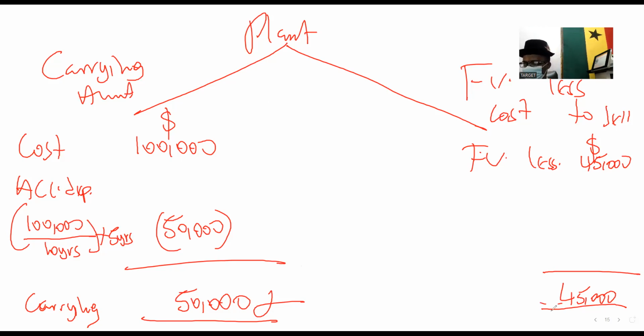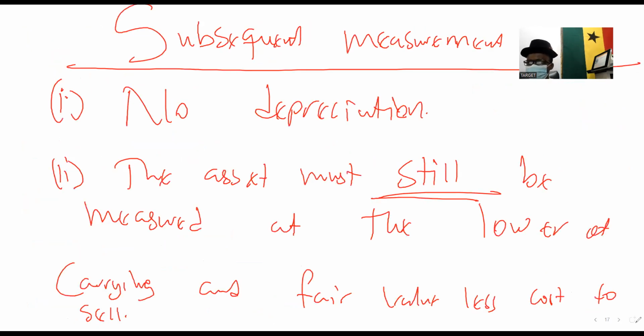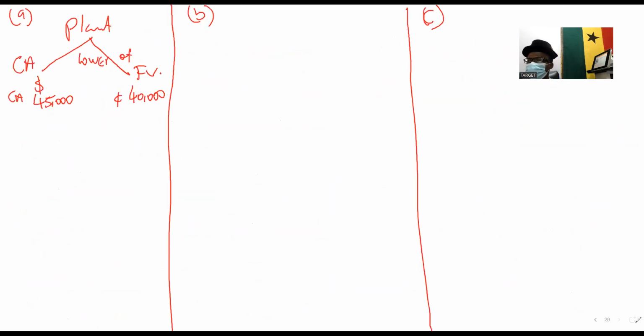We have to use the 45. So for the next valuation, the carrying amount becomes the lower. No depreciation. Good. So the carrying amount will not be 50, it will be the 45,000. So now there will be additional impairment of $5,000.